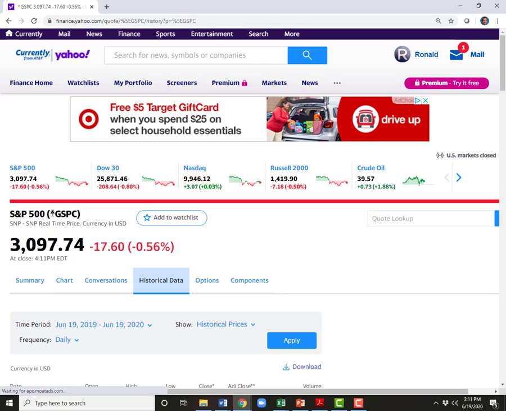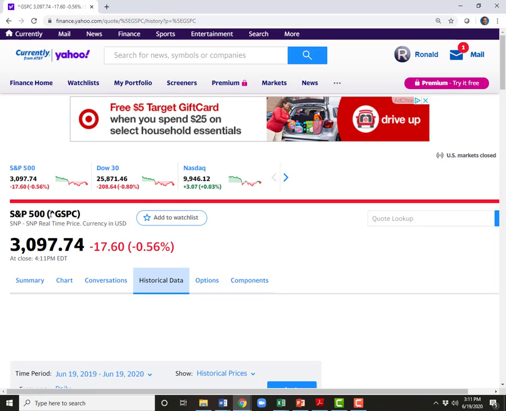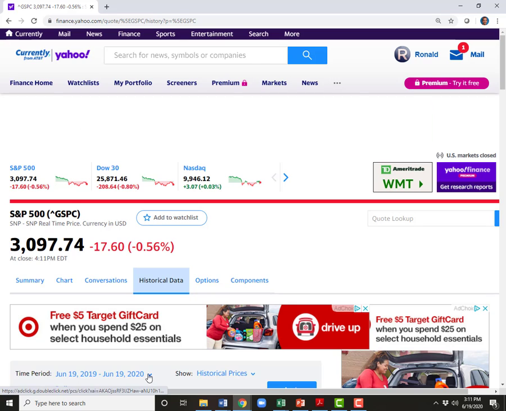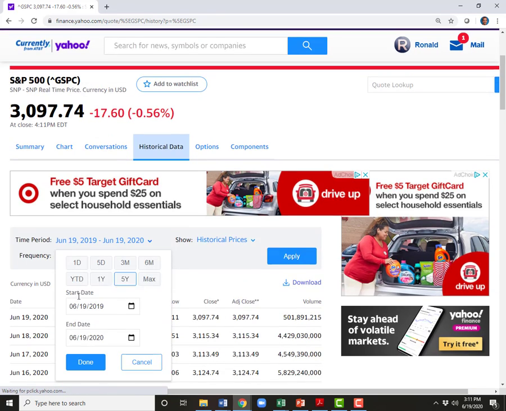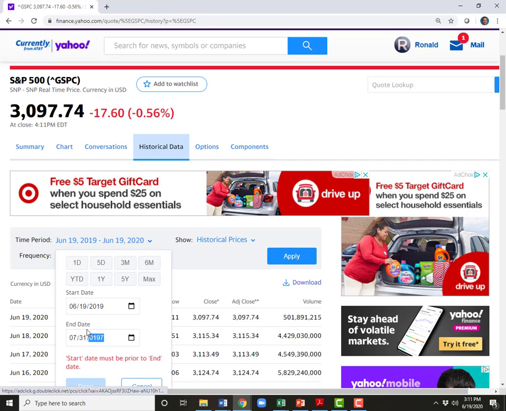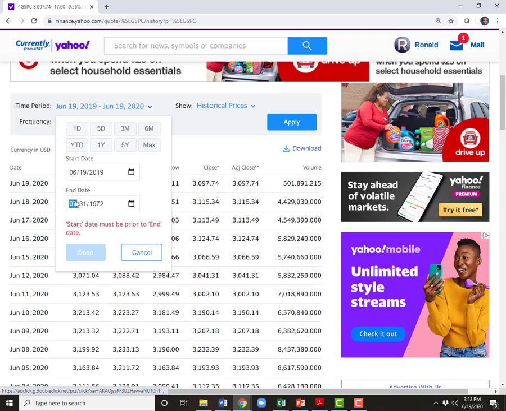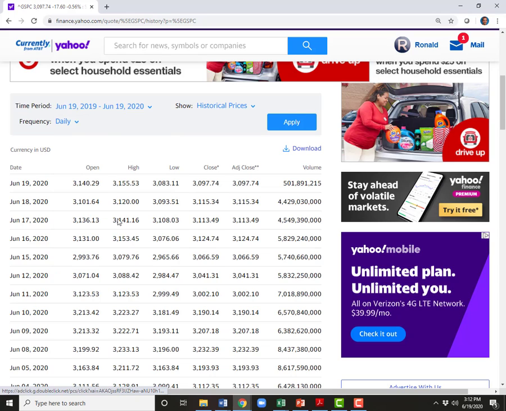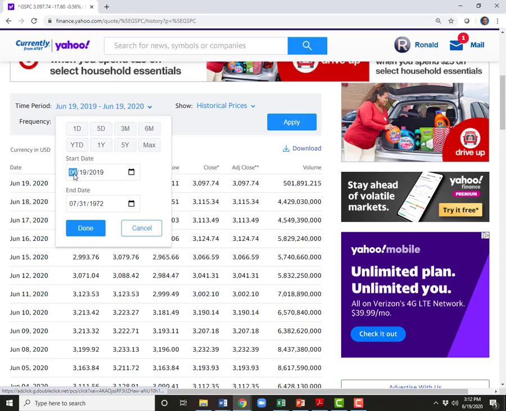And remember, if you're seeing the futures, that you want to use this Shift 6 GSPC. Historical data, we want to go back to 07/31/1972. Oh, sorry, I went the wrong direction. Let me cancel and do that again. So do pay attention to what you're clicking on. So 07/31/1972.